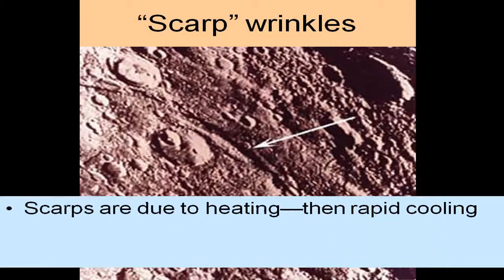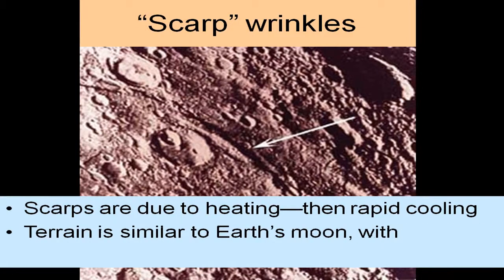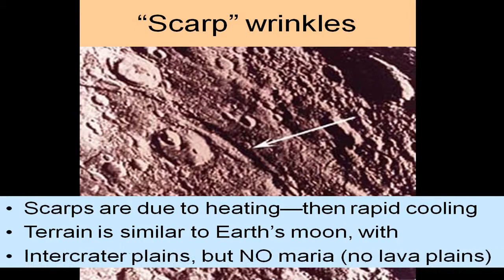And this is a feature that you see on Mercury, but you do not see on our moon. So our moon did not have this same kind of cooling effect. So the terrain is similar, but there are no scarps on the moon, and on Mercury there are no marias. So those are major differences between the two landscapes.